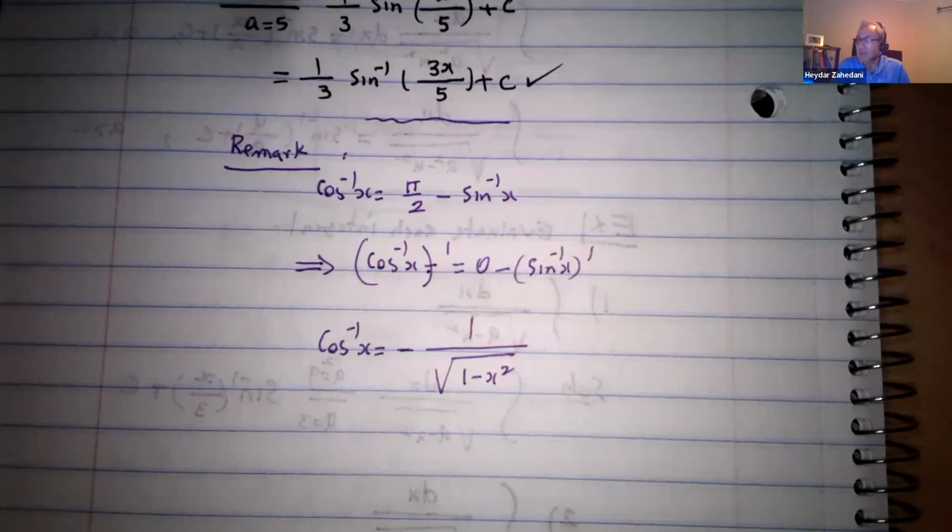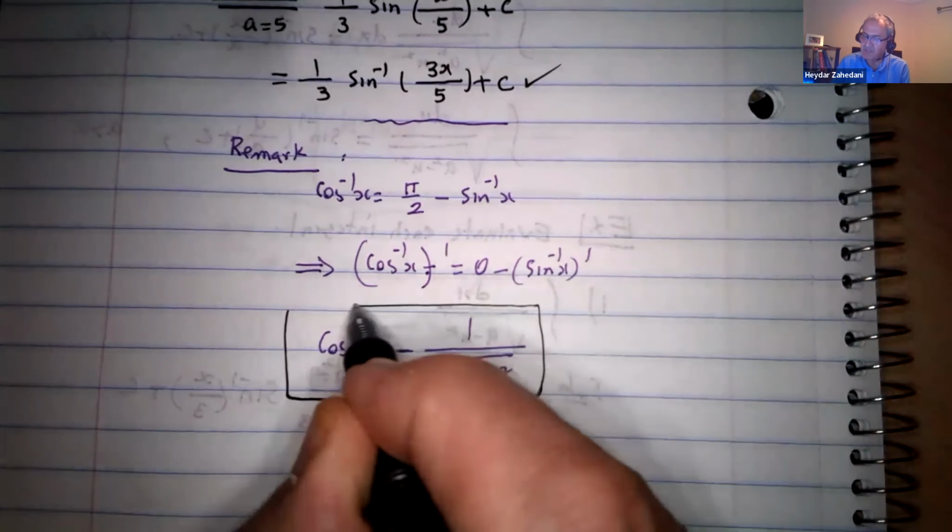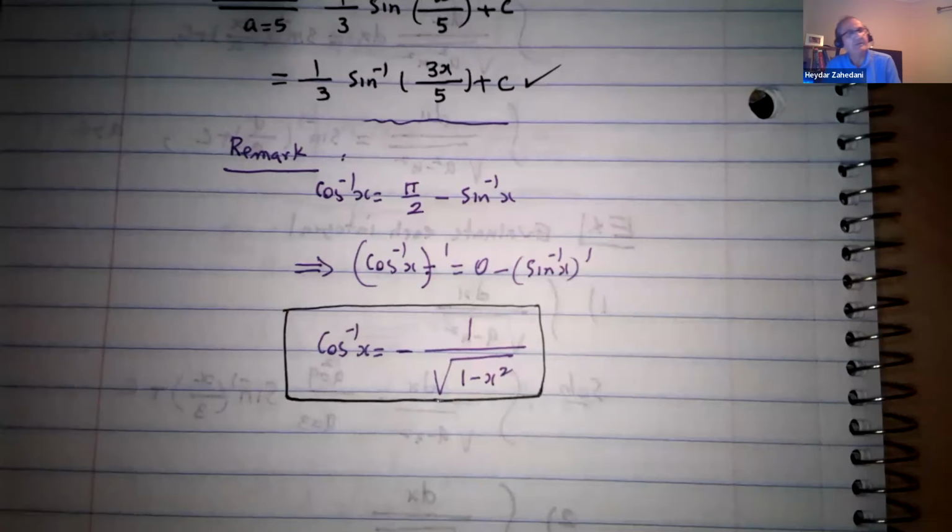We could get confused otherwise, so that's why you see most problems related to the sine inverse. It's nice to know this formula, but it's very similar to the sine inverse, so I'm not going to use it. But if you see it in your book, this is the derivative of a cosine inverse.